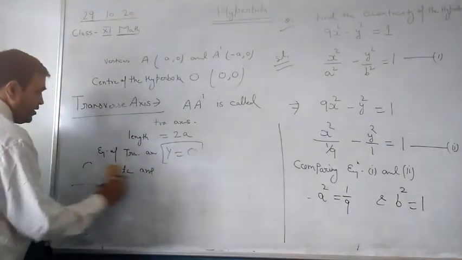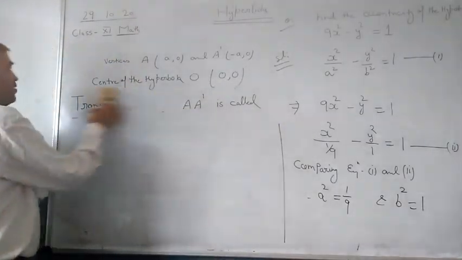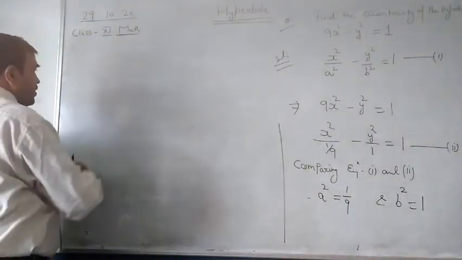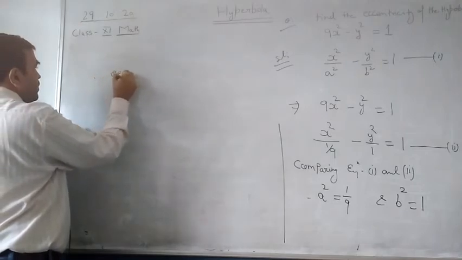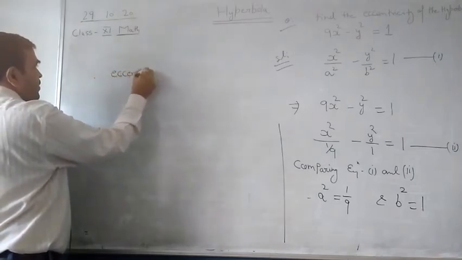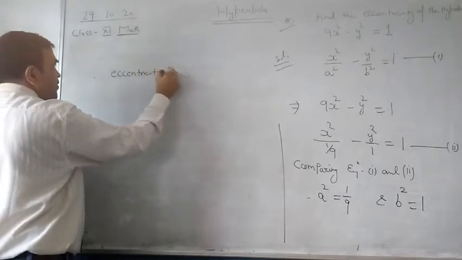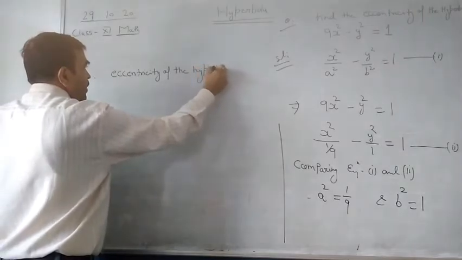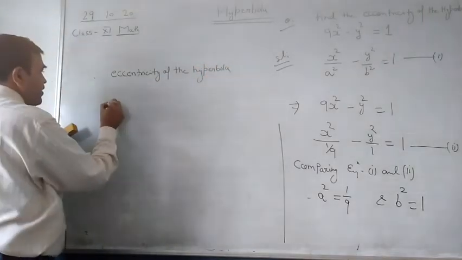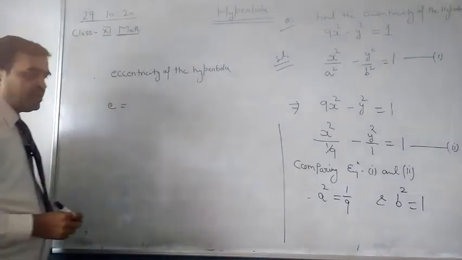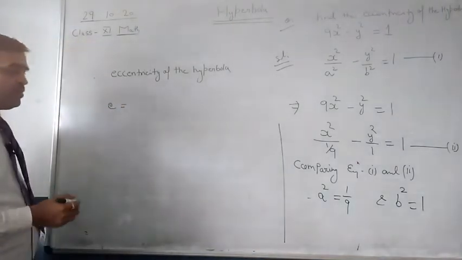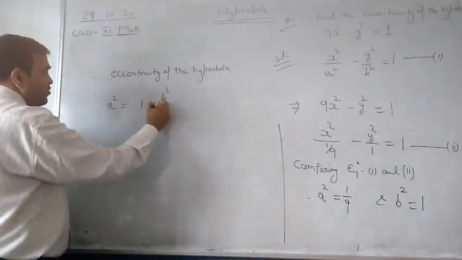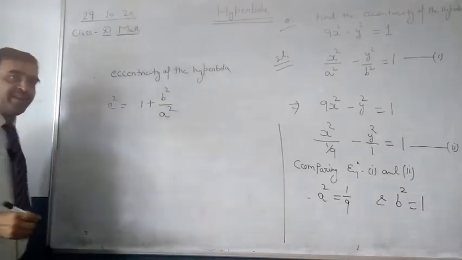Therefore, for the eccentricity of the hyperbola, e square equals 1 plus b square upon a square.